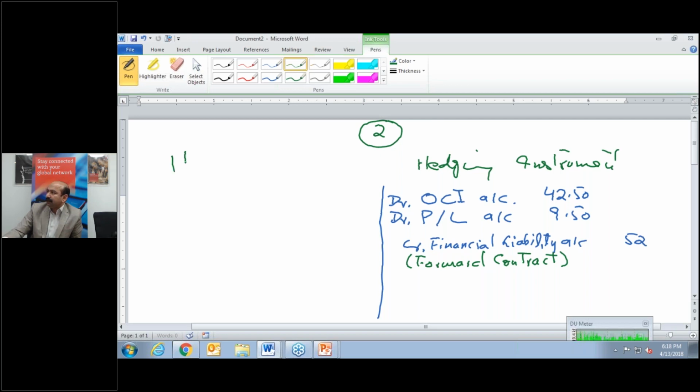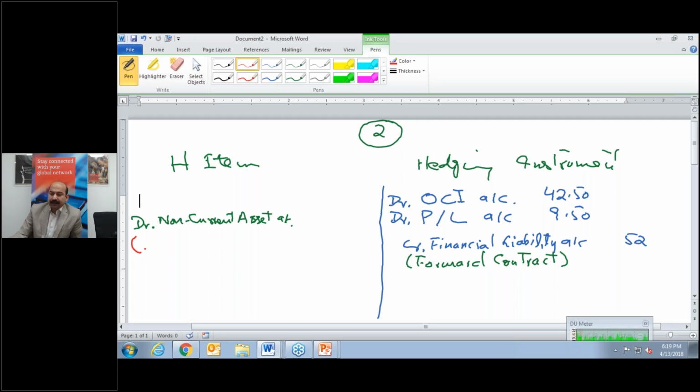And on this side, basically, hedged item. Now you have received the property, plant and equipment, so you will be making an entry for the property, plant and equipment. Debit property, plant and equipment, or non-current asset, for short, non-current asset account with an amount as per International Accounting Standard 21.